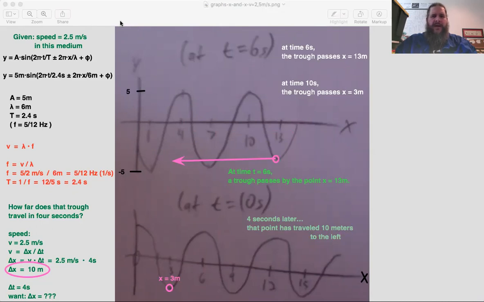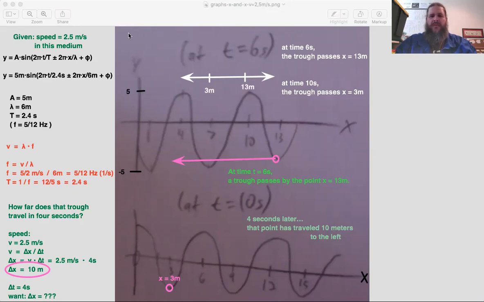And a very useful way of sketching this out, again, if you're not sure which direction it's moving, is to make essentially a number line. We know the important locations are 13 and 3. Because we know there's a trough that crosses 13 meters and also crosses 3 meters.